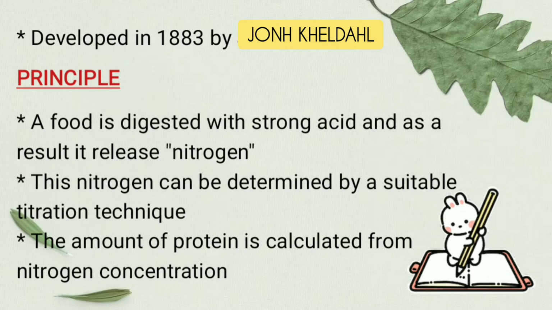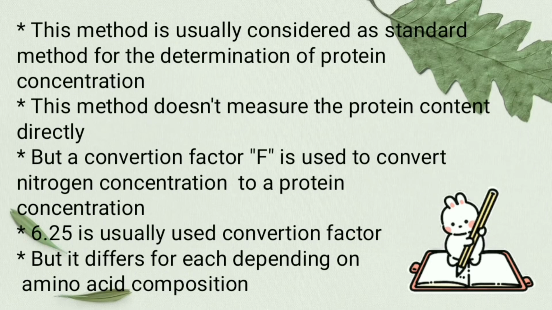The principle of Kjeldahl method is that a food is digested with a strong acid, and as a result, nitrogen is produced or released. This nitrogen can be determined based on a suitable titration technique, and protein content can be determined from this nitrogen concentration.